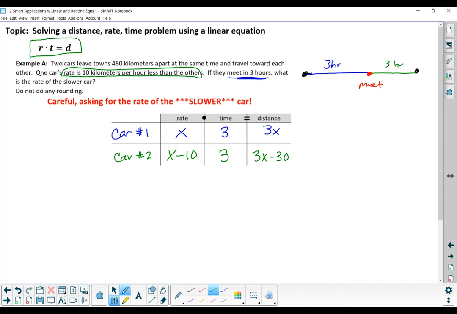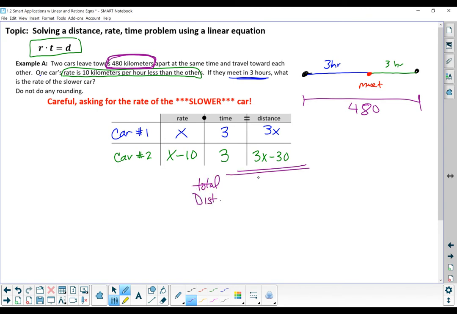So I have used this table to organize all of the information I have so far. There's one other bit of information that we have. The distance apart that the cars started was 480 kilometers. So that means my total distance is 480. We're going to set up a little equation, and then we can finish and solve our problem.